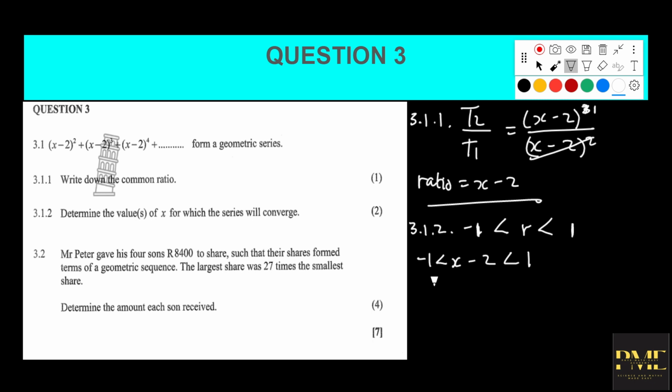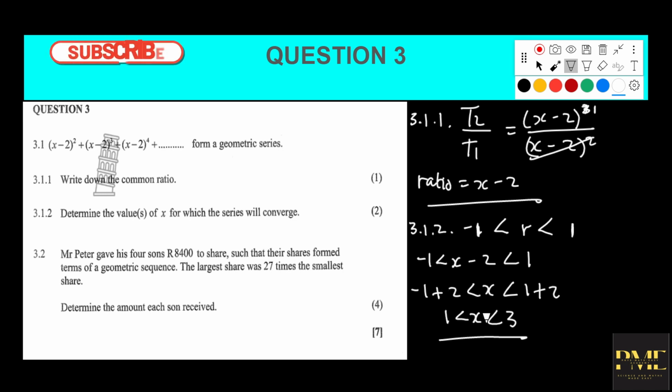So we get -1 plus 2 less than x less than 1 plus 2. Therefore 1 less than x less than 3. So for when your series converges, x ranges between 1 and 3, guys.